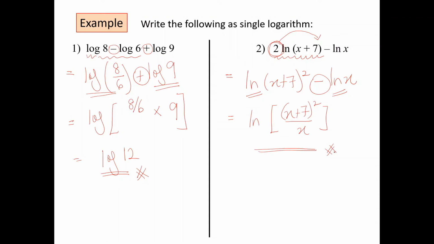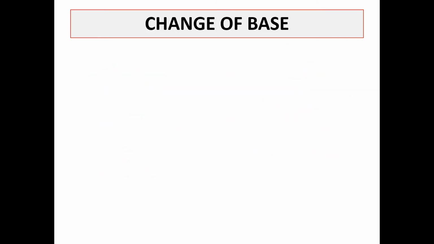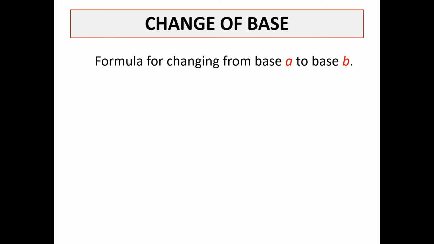Change of base. In logarithm, we can change the base of that logarithm from one base to another base. Let's say if you want to change from base A to base B in logarithm, we have our own formula.